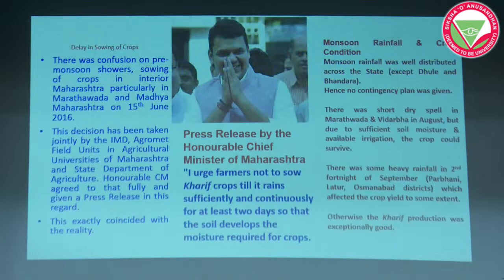And this is the thing which I was talking about, that in 2016 another incident was there, that there was a huge hue and cry in Maharashtra about whether farmers will sow the crop or not. At that time Chief Minister Devendra Fadnavis called us and said that I have to address the farmers of Maharashtra, you please tell what we are supposed to do.